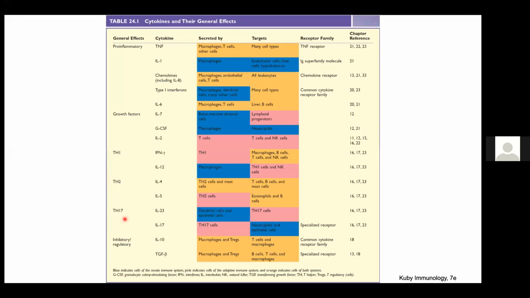The T helper 17 cytokines are very important in activating your neutrophils, especially, and causing an immune response against basically inflammatory responses where you get your neutrophils being involved. So extracellular bacterial infections and also fungal infections.